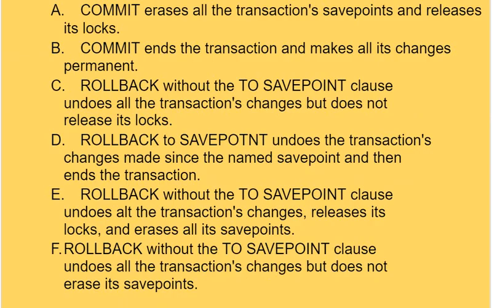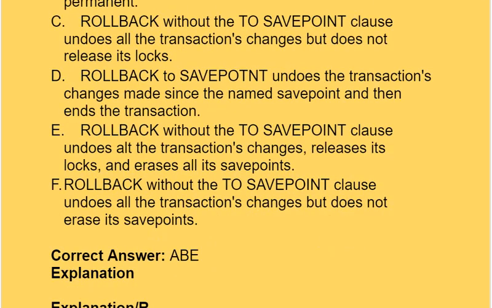Option E: ROLLBACK without the TO SAVEPOINT clause undoes all the transaction's changes, releases its logs, and erases all its savepoints. Option F: ROLLBACK without the TO SAVEPOINT clause undoes all the transaction's changes but does not erase its savepoints. Correct answer is option A, B, and option E.